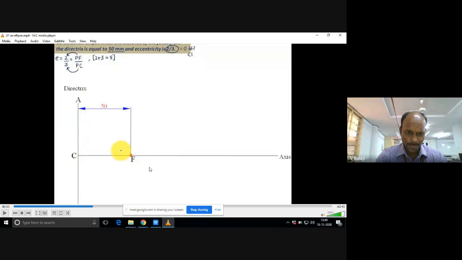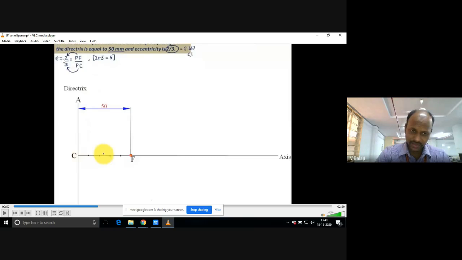After locating the focus, divide this particular focus length into n number of equal parts. For example, the eccentricity of an ellipse, all of you know, is less than 1. Here it is given as 2 by 3, that means 0.667.